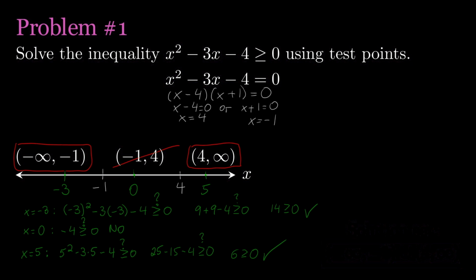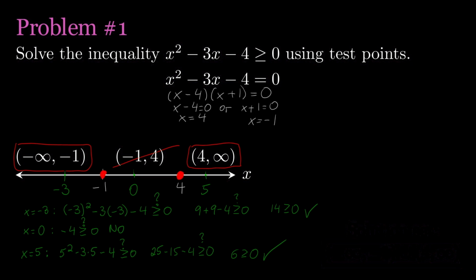As I said at the beginning, the endpoints and their belonging to the solution set depends on the type of inequality. They only belong to the solution set if it is of the form or equal. And our inequality is of the form or equal. Therefore, both of those endpoints belong to the solution set. So I will mark them as solid dots in here.